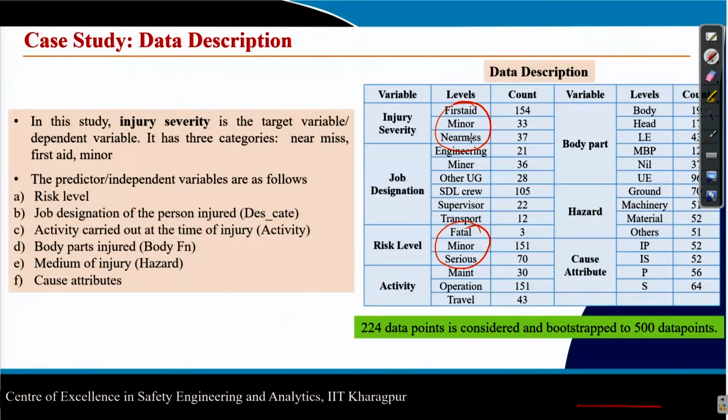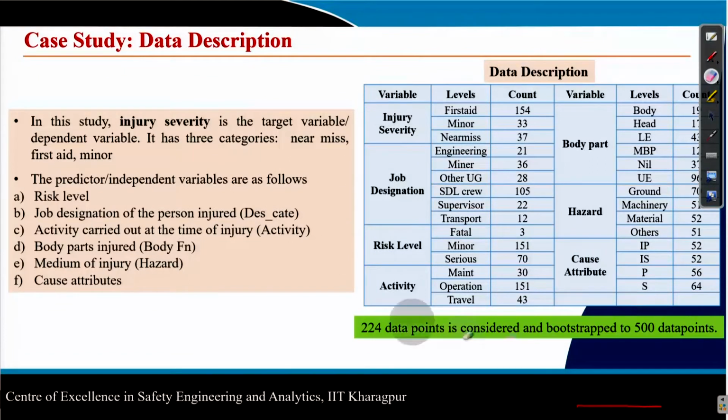Obviously there are some reasons, and we should be happy for that, because it is reduced. It need not be that it will always be reduced. If you do not do good work, it may increase also. The potential level may be minor, but actually it becomes serious. That also may happen.